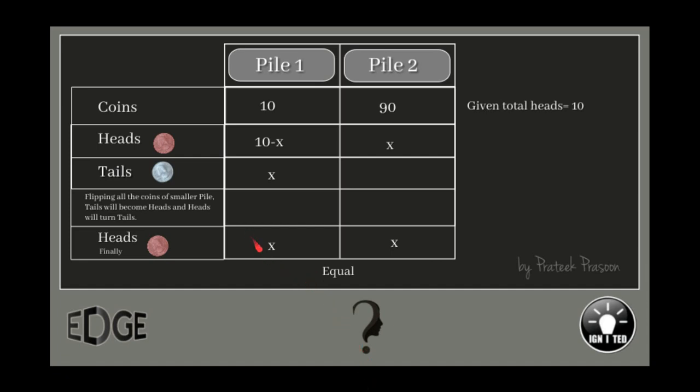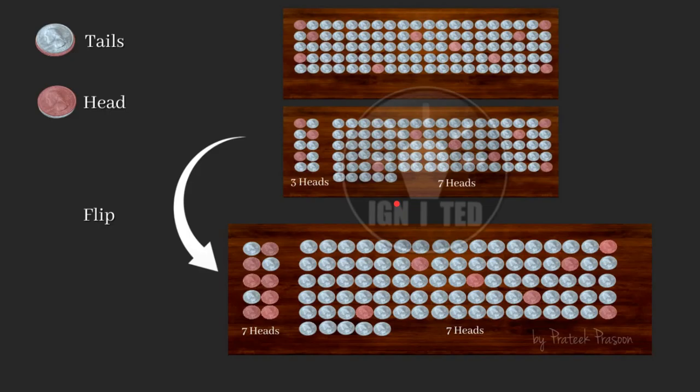So the heads finally will be x, and here also the heads initially was x, so that will give us an equal number. So it is an easy problem, but at times if you don't apply out of box thinking, it becomes difficult. We are going to see a lot of questions of games in the subsequent videos.